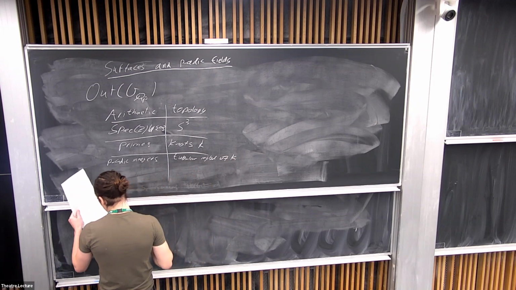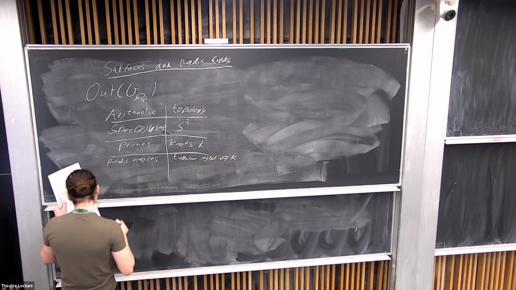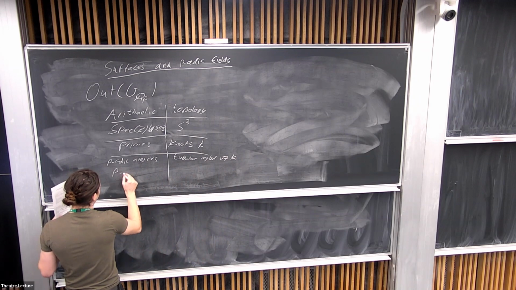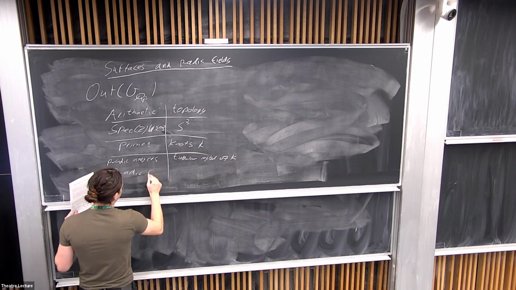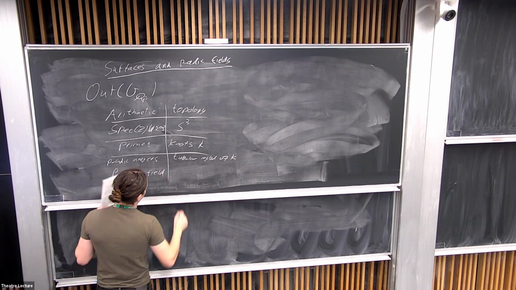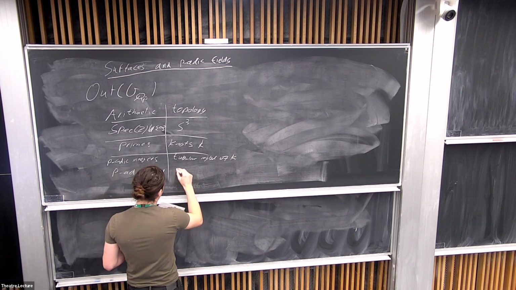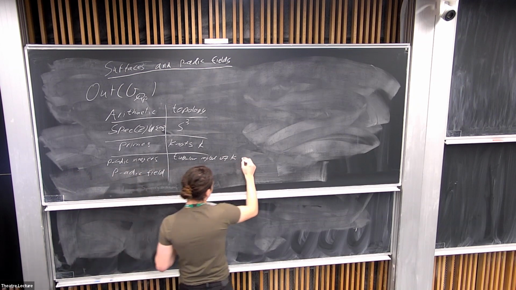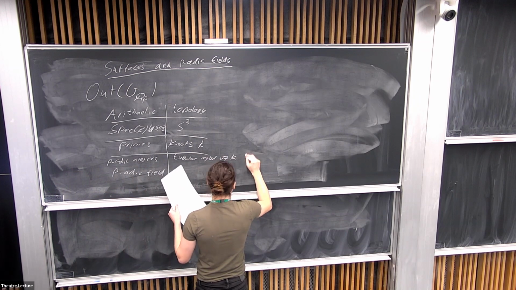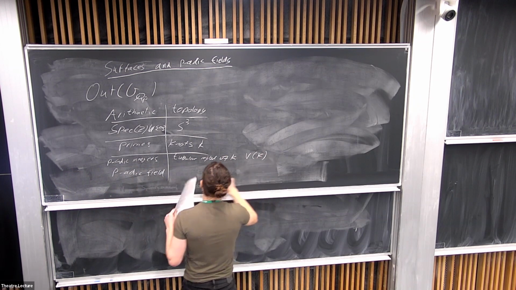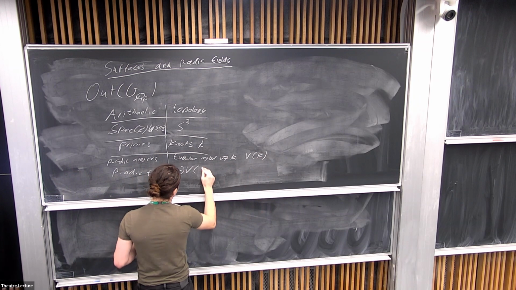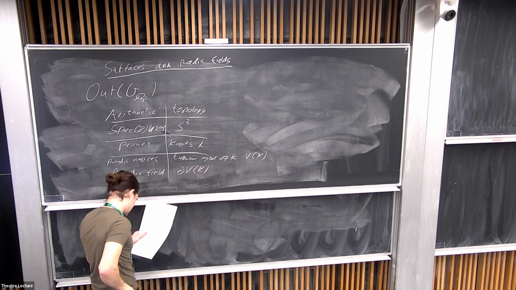And then when you look at the p-adic field, you would get the boundary of this tubular neighborhood of K, which gives you some torus.